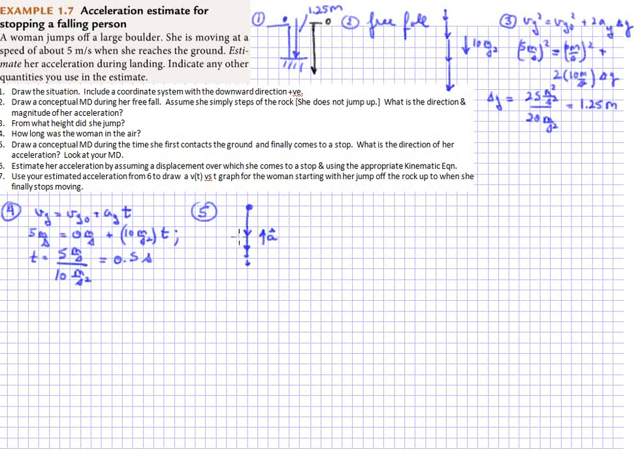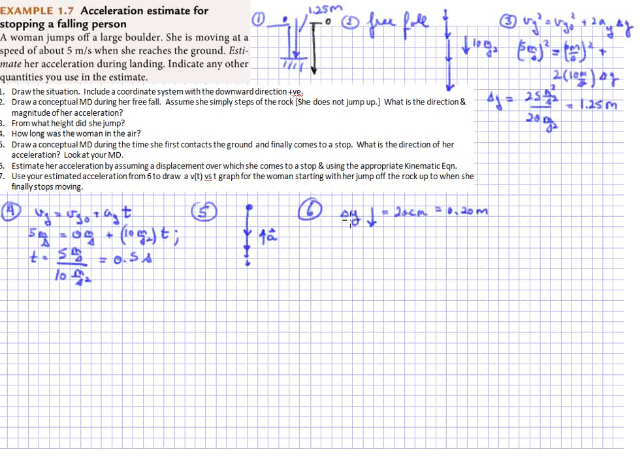Displacement vector. Number 6, estimate her acceleration, assuming a displacement over which she comes to a stop. And so let me assume that she has a delta y downwards when she hits the ground equal to 20 centimeters, which is 0.20 meters.